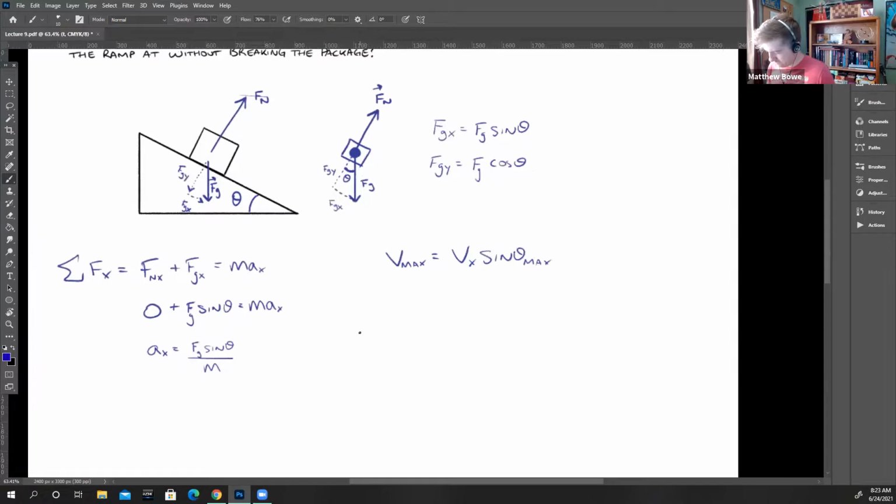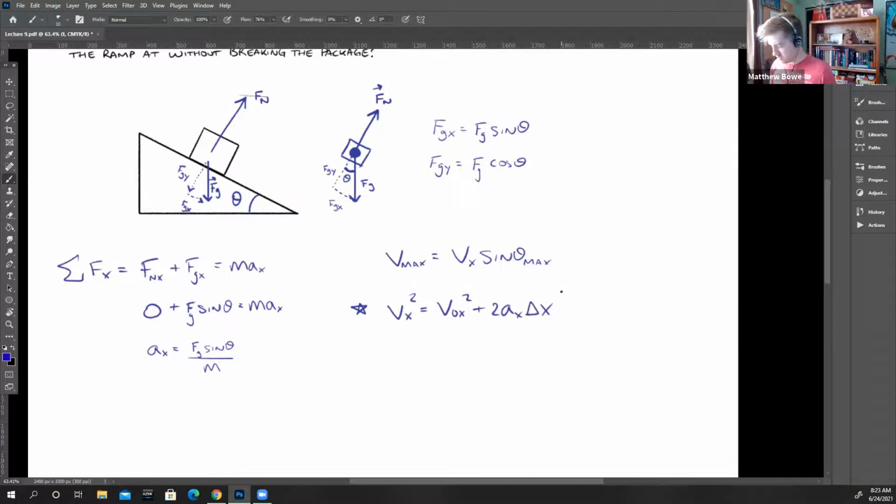Now, we're going to use one of those kinematic equations from earlier. Let's use the one that says v of x squared is equal to v naught of x squared plus 2a, the acceleration, times a change in displacement.